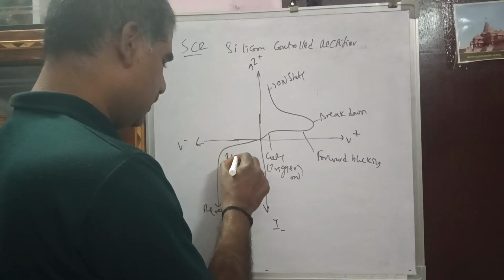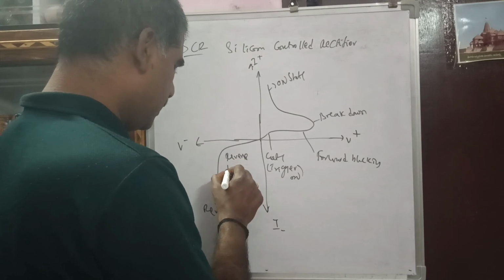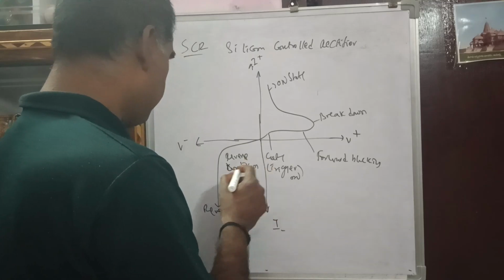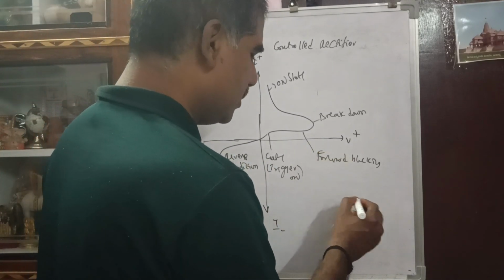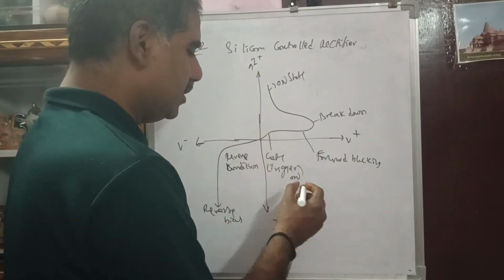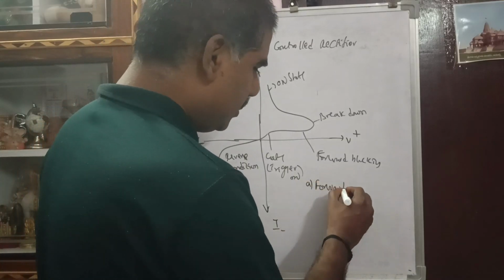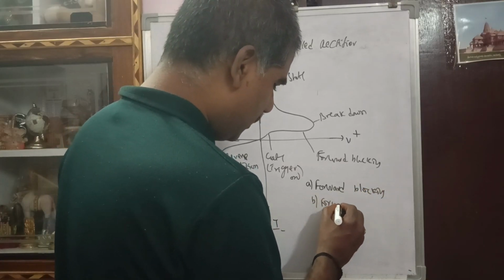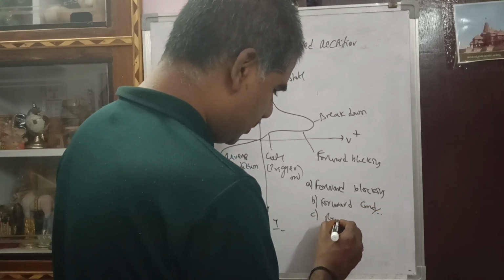This is the reverse condition. This is a simple graph with voltage along the x-axis and current along the y-axis. You already know that we have three types of blocking and conduction: forward blocking, forward conduction, and reverse blocking.